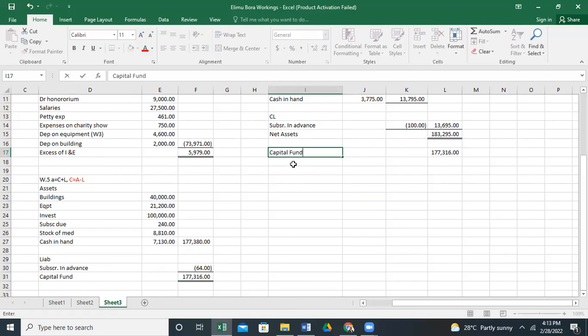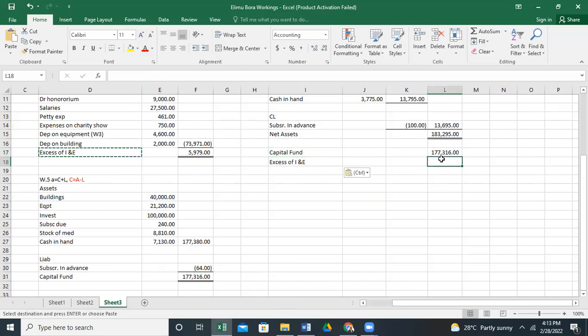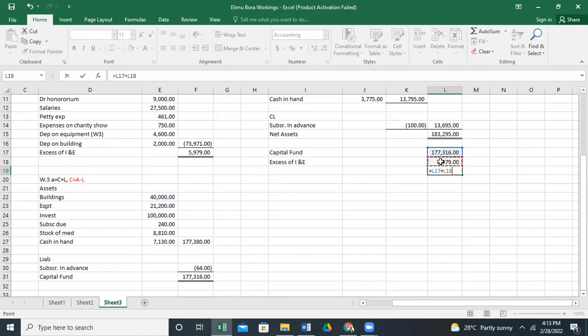And then to the capital fund, we have to add the excess to see whether our account will balance. So the excess was 59.79. This is equal to, so we cross our fingers, plus this. Brilliant.